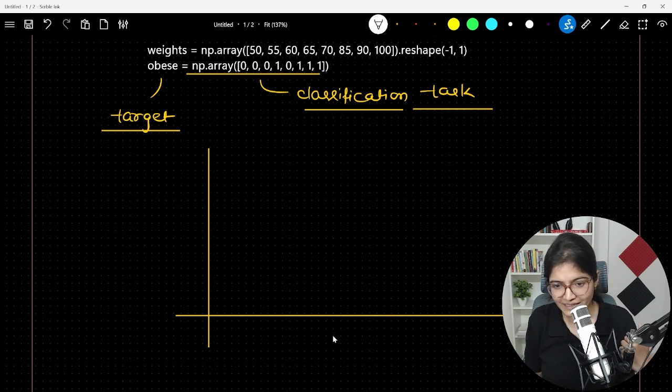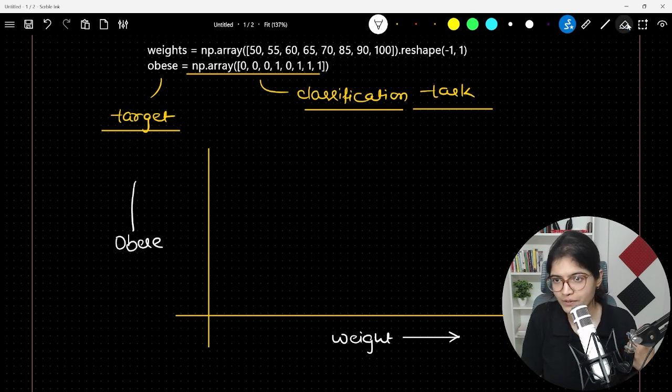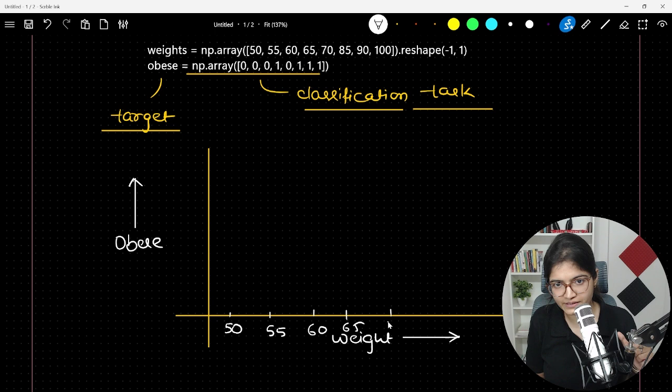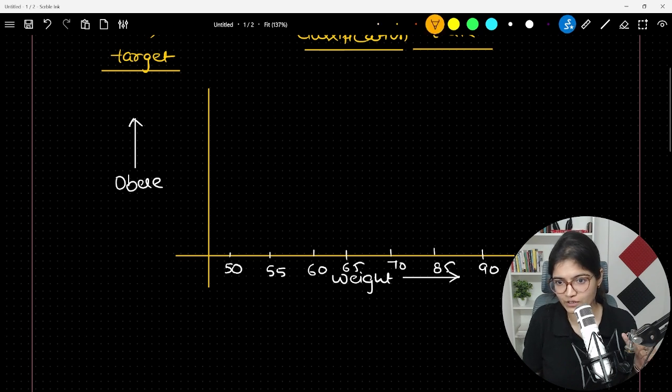So let's assume that on the x-axis we have weights, and on the y-axis we have the target values, which is nothing but whether a person is obese or not. In this case, we have weight values of 50, let's say 55, 60, 65, 70, 85, 90, and then finally 100.